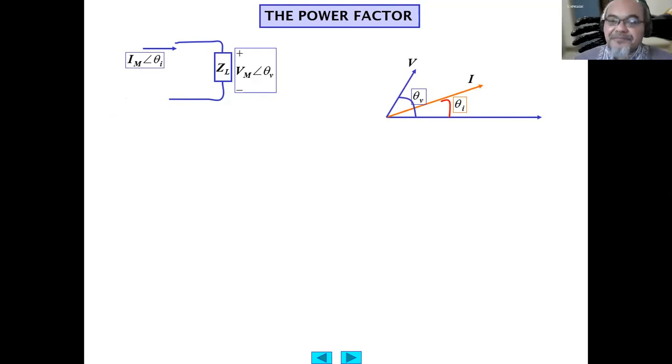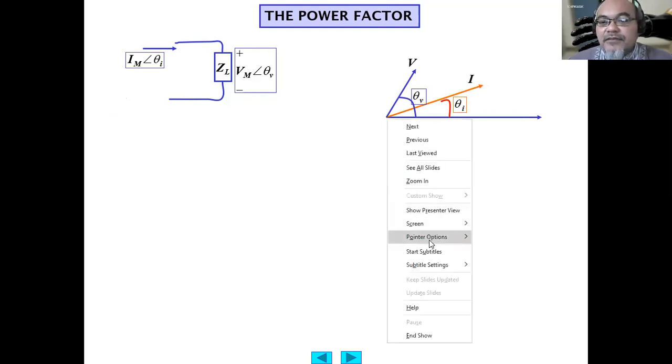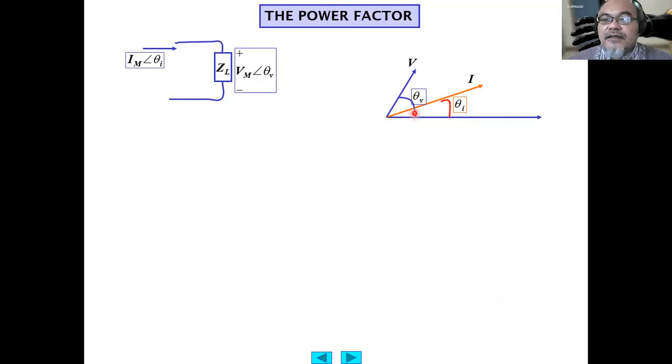So here, if we express the voltage as having a phase angle of theta V and the current a phase angle of theta I, then from Ohm's law, the voltage across the load impedance ZL equals V = ZI.